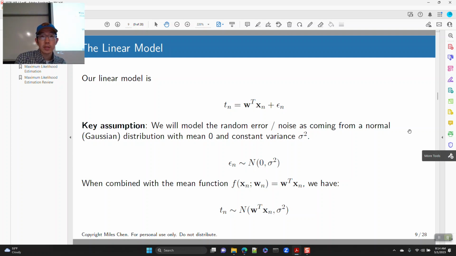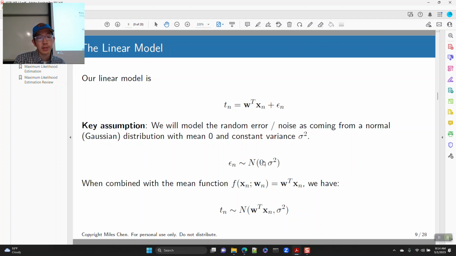So when we do linear regression, we say this error term, the epsilon here, is modeled by a normal distribution. We're going to say epsilon comes from a normal distribution where the mean is 0 and we have this variance term sigma squared.